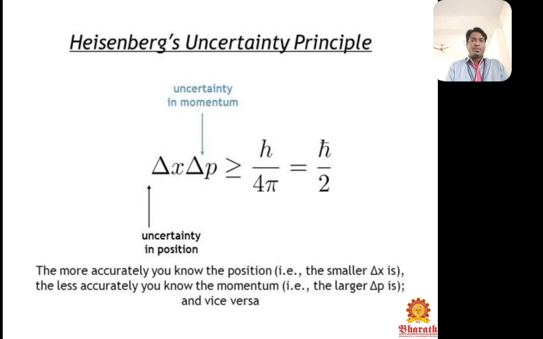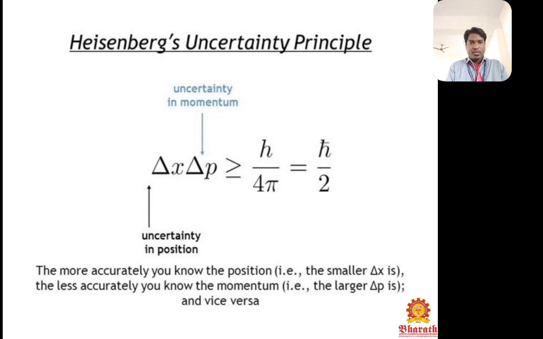The Heisenberg uncertainty principle: delta x times delta p is greater than or equal to h by 4 pi, which is equal to h by 2. Delta x means uncertainty in position. Delta p is uncertainty in momentum.